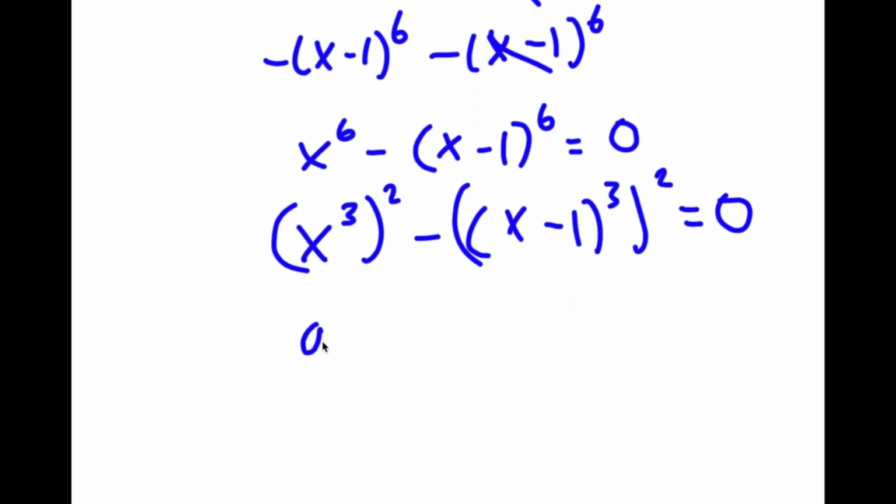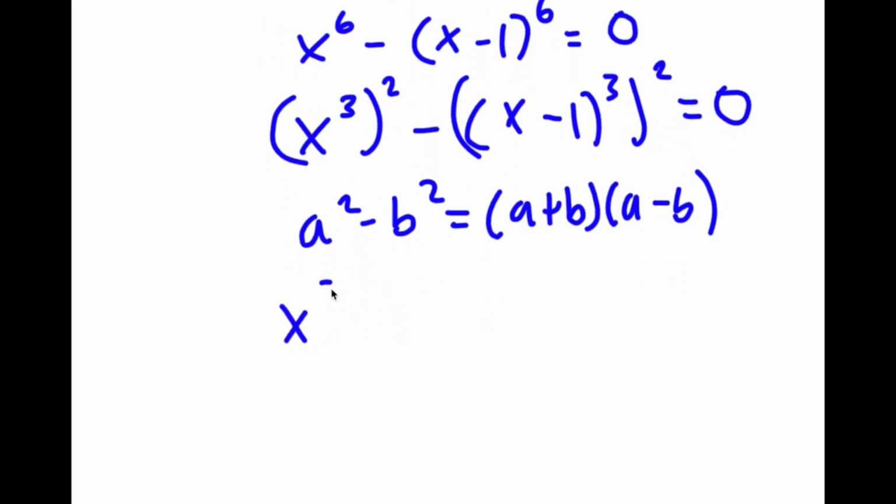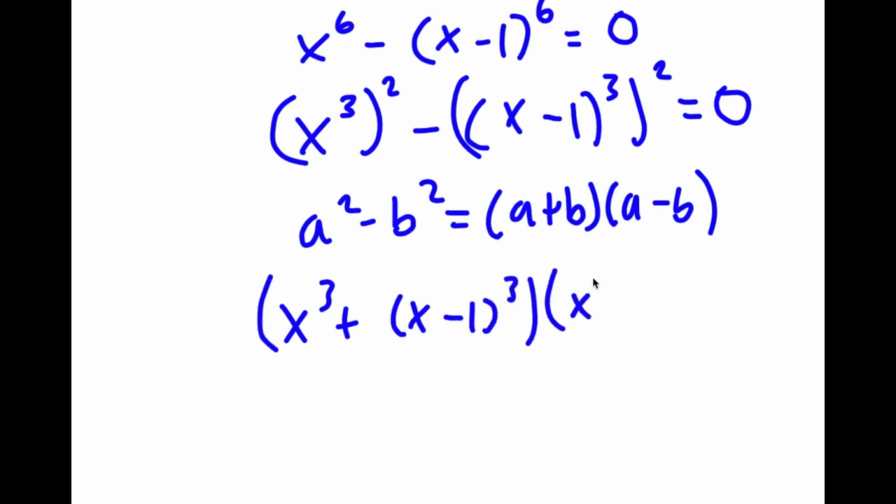And if I have something in the form a squared minus b squared, this is equal to a plus b times a minus b. So in this case, this can equal x to the power of 3 plus x minus 1 to the power of 3, times x to the power of 3 minus x minus 1 to the power of 3, is equal to 0.